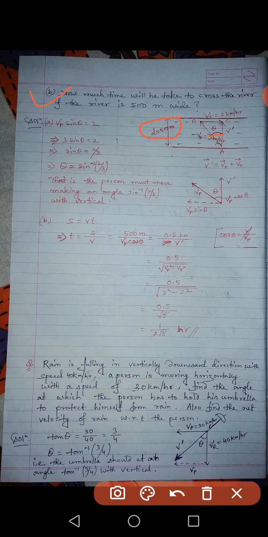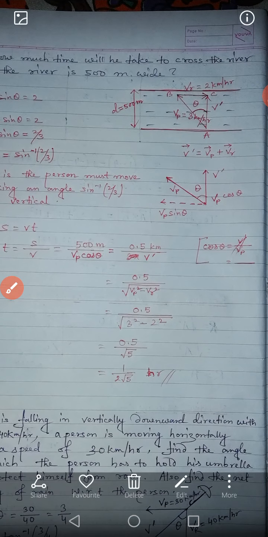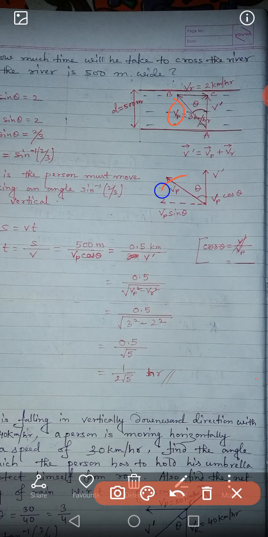So from the geometry of the figure, it is clear that, one more thing I have to say here. Suppose this triangle, I have drawn this triangle somewhere here, and here I have used the concept of resolution of vectors. Suppose this is vector Vp, I have just drawn it here to show you how to resolve it.